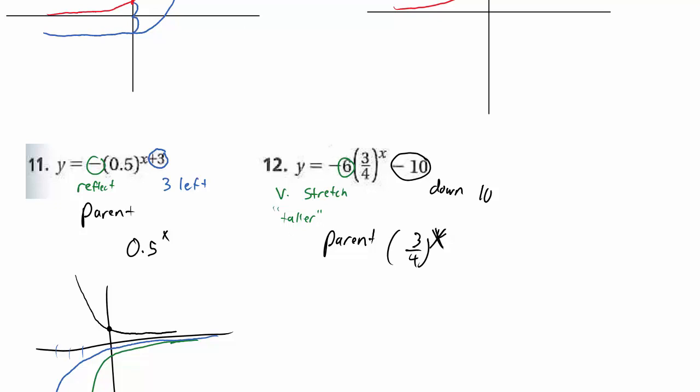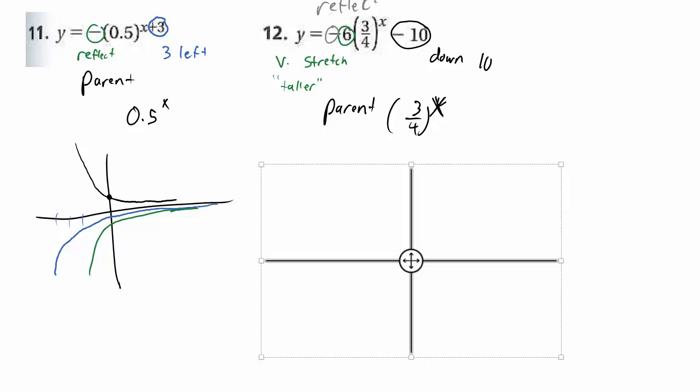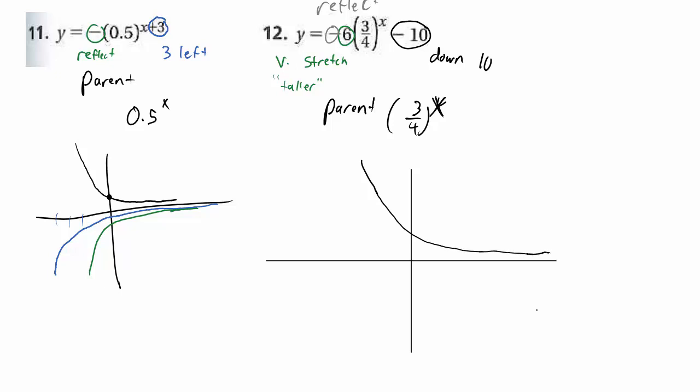And then the negative right here is going to reflect across the axis. So if you draw the parent function, which I'll graph in black, it is exponential decay, like the 3/4 to the x, because the number 3/4 is less than 1.